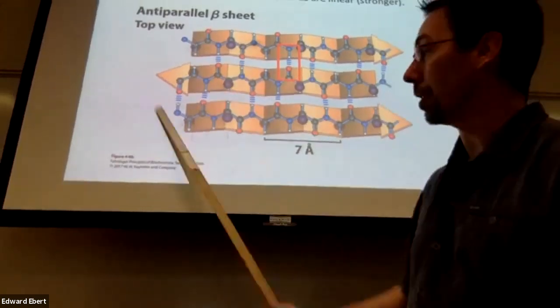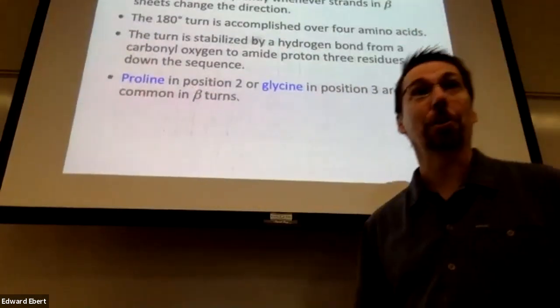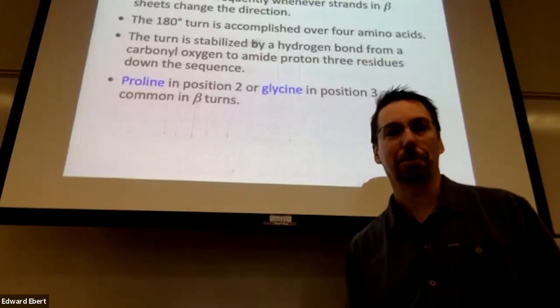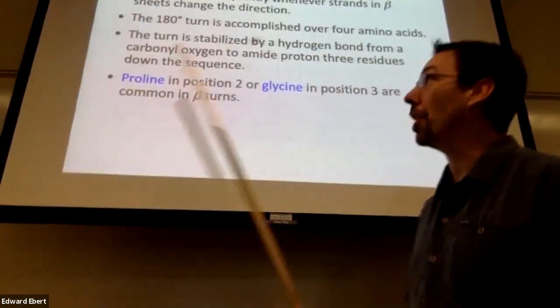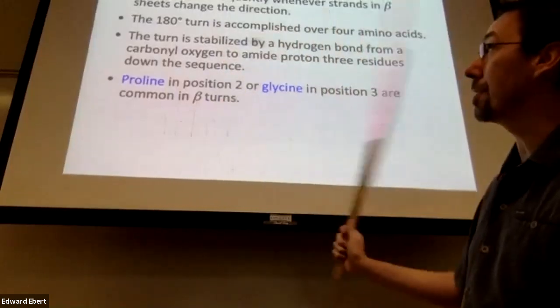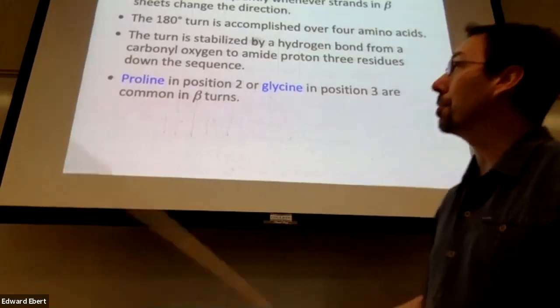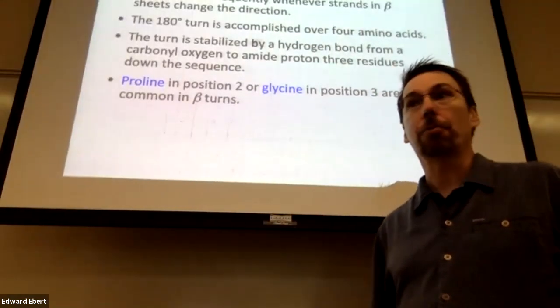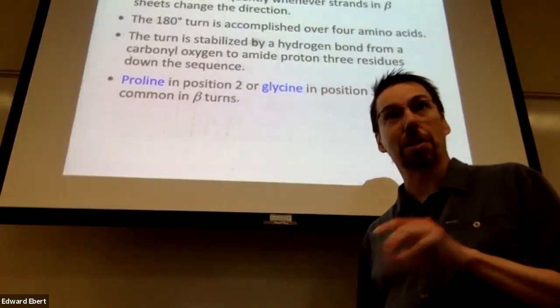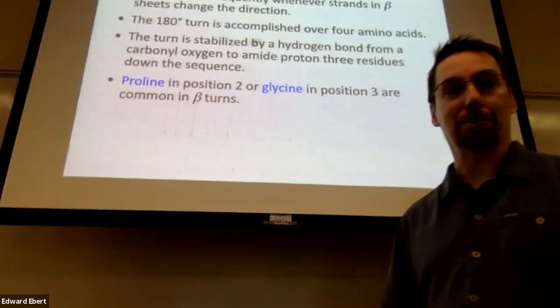So that's what we've got going on here. Quick turn, quick turn. All right, so our beta turns are going to occur frequently in our anti-parallel sheets. We don't have to, we could have a big long connection, but a lot of times for these anti-parallel beta sheets, we'll see this rapid 180-degree turn. And it's going to occur over a 4 amino acid span. So these 4 amino acids are not part of the beta sheet, but they're part of the turn that connects two anti-parallel strands.